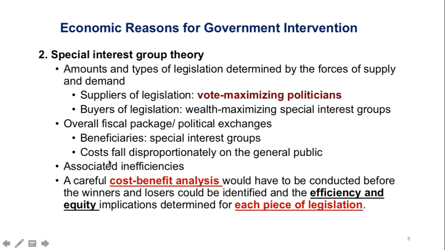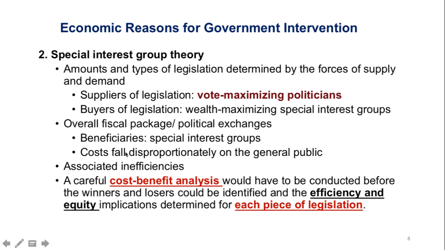The cost usually falls disproportionately on the general public. It means that everybody should pay equally for the benefit of some specific special group.